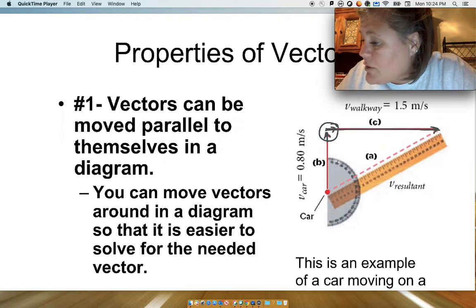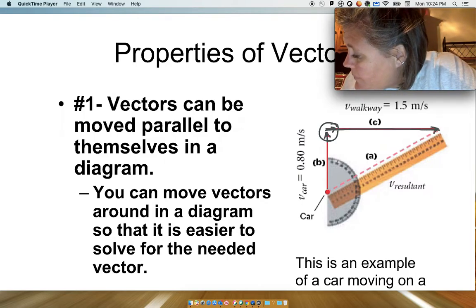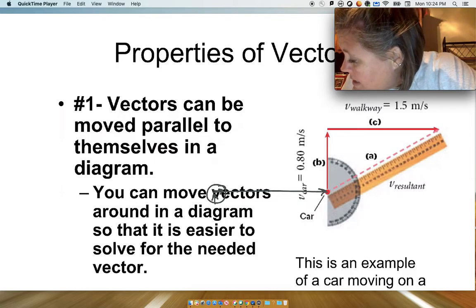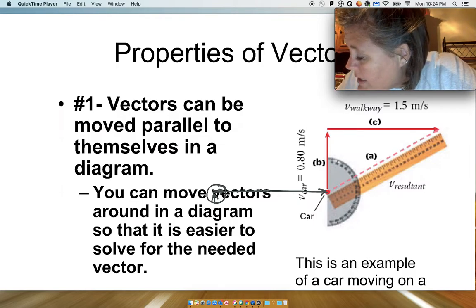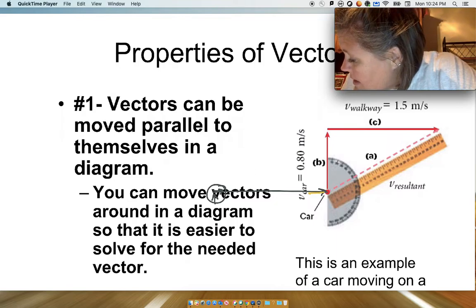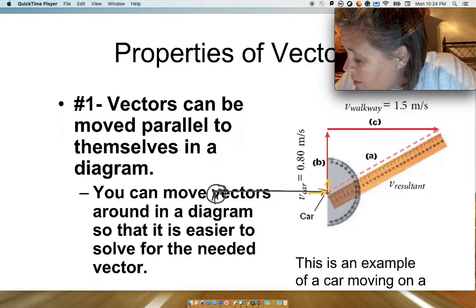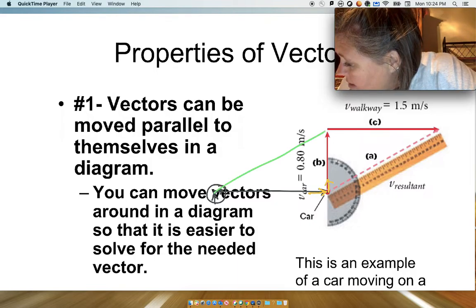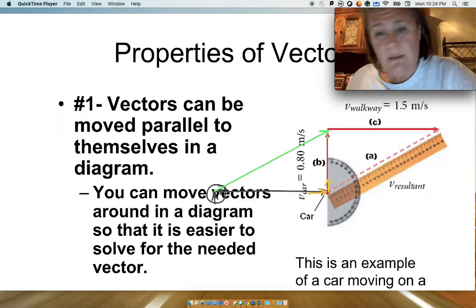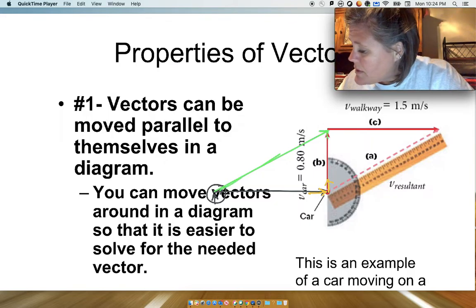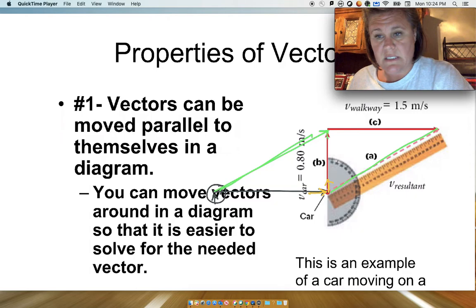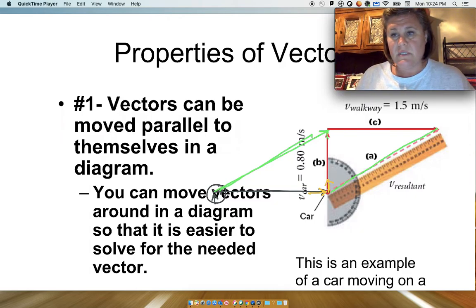But I want to move this vector around. So if I take this vector, I can move it right here. Notice it's still tip of this one to the tail of this one. And then my resultant vector would look like this. You can see this resultant looks very similar to this resultant. So you can move vectors around as long as you move them parallel to themselves.